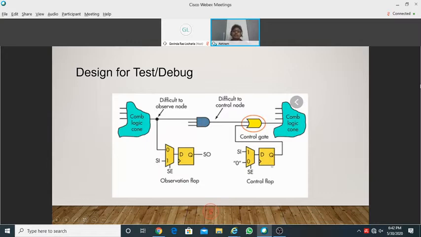For example, you want to control a particular data path in the SOC. So how do you insert or how do you control it? So there are some pins at the SOC boundary where you can detect any problems, like stuck at 0, stuck at 1, or any functional problems, whatever problems you have.